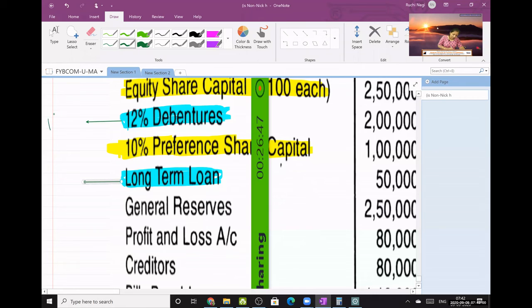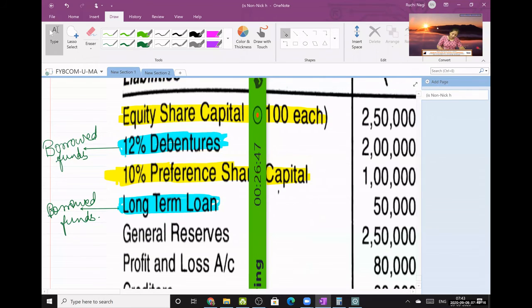This will come under borrowed funds. और ये equity share capital, ये किसमें आता है? Shareholders में। ये सब abbreviation है, ठीक है, ये भी same। This will also come with the shareholders funds.